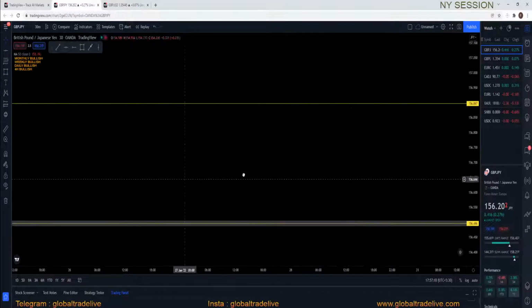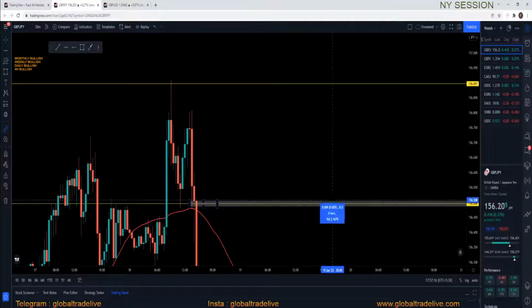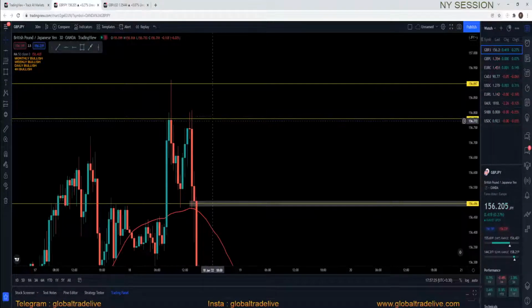Also, I'm going to mark my targets. This range now in 30 minutes is about 24-25 pips, which is okay for me, not a problem. We just need 10 pips out of every range, so no issues.